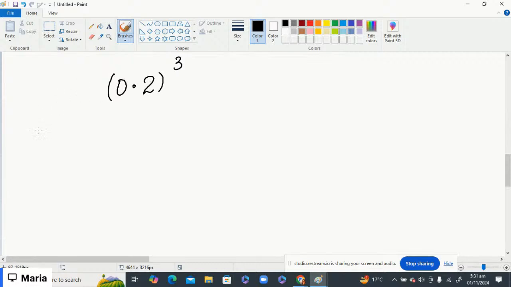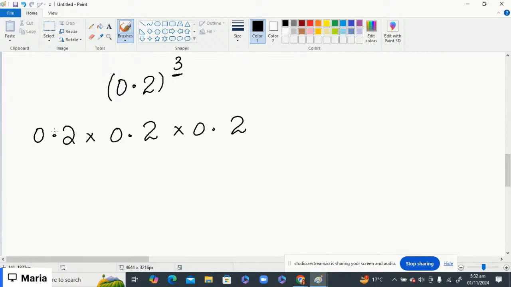I am just going to multiply this 0.2 times 0.2 times 0.2. We are going to multiply 0.2, 0.2 and 0.2 how many times? 3 times. Why? Because the exponent given is 3.